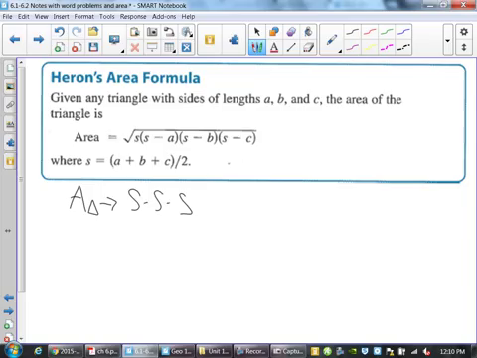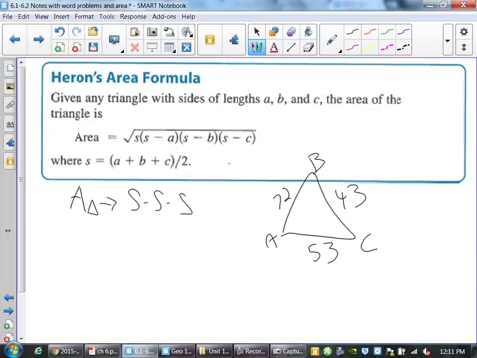So if I have a triangle, let's see, 43, 53, and 72. It's a really awesome looking triangle. If I have a triangle like that, the first thing I have to do is figure out what the value of S is. This value of S is called a semi-perimeter.